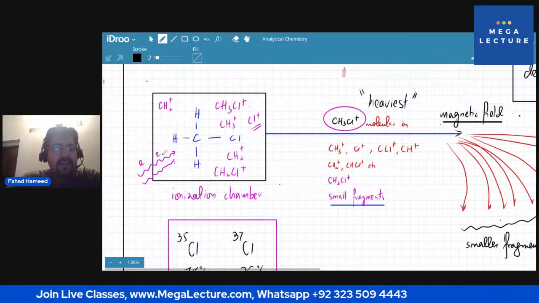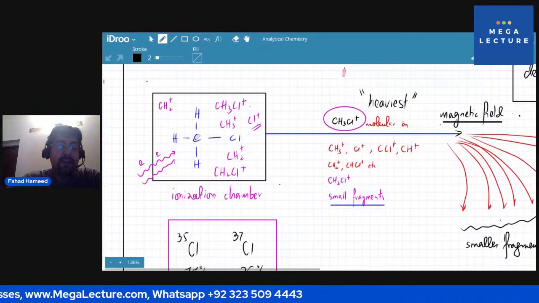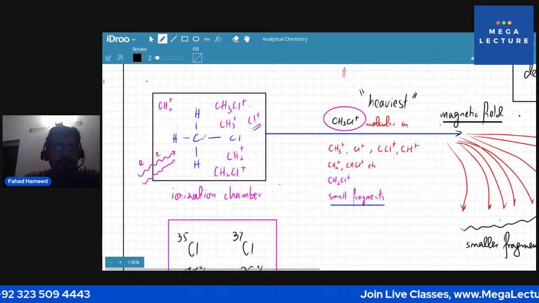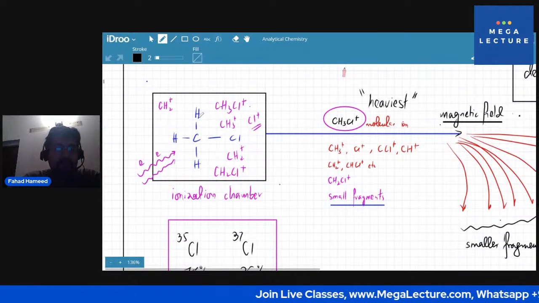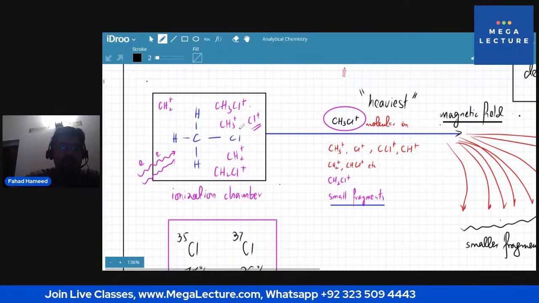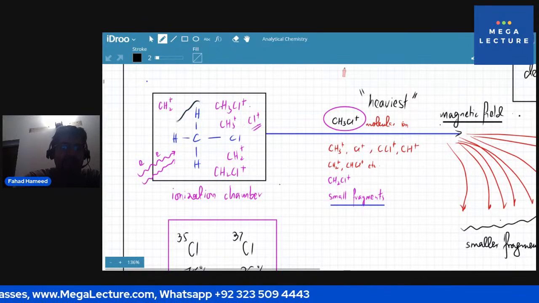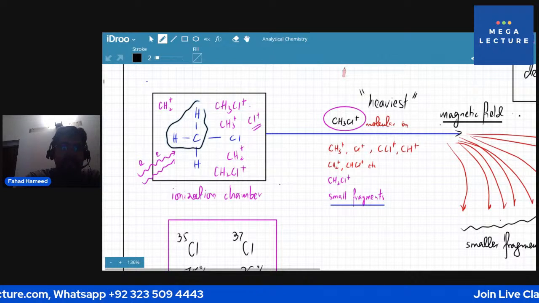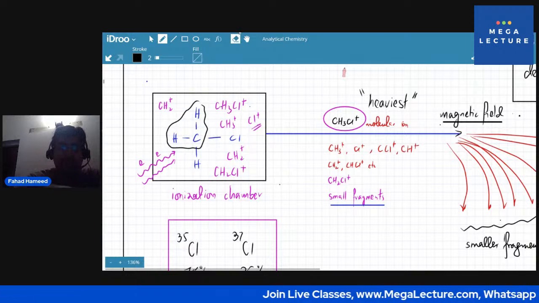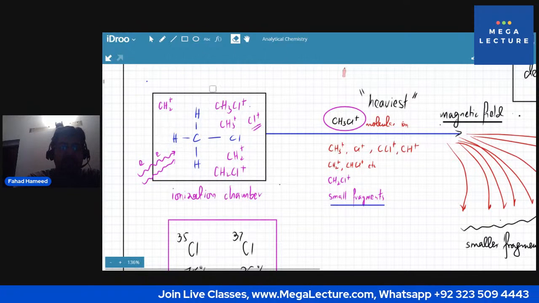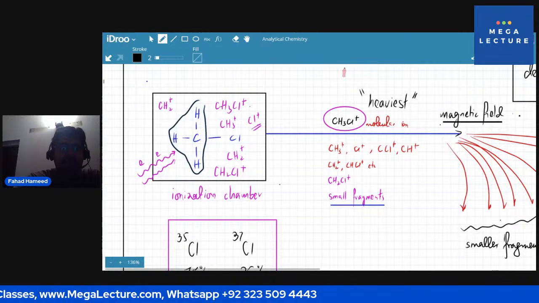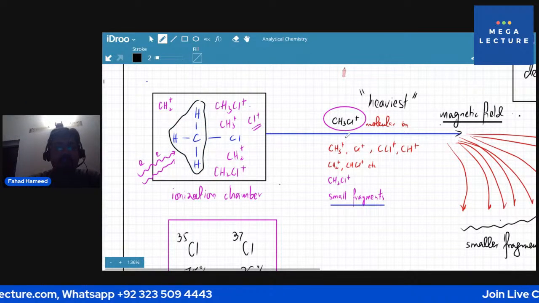What other things could happen is that as I'm smashing it with electrons, the molecule might break down into smaller pieces. Each piece is going to be a piece of this bigger molecule. Maybe this CH2 breaks off and turns into an ion, CH2 +1. Or your CH3 breaks off, and that could turn into a CH3 +1 fragment.